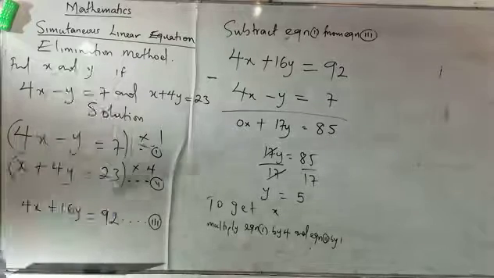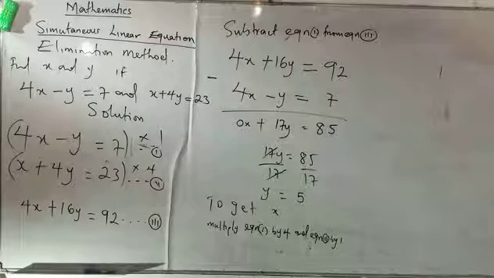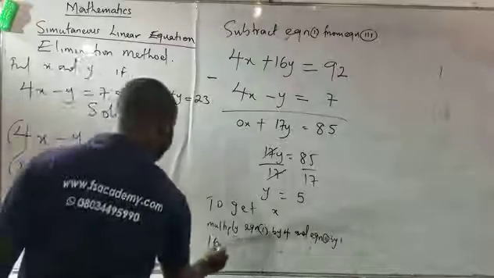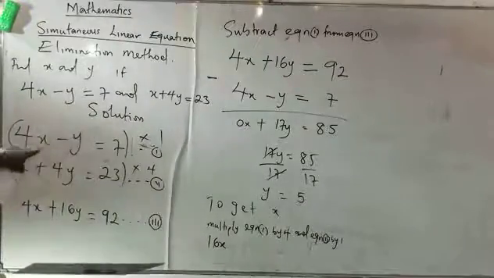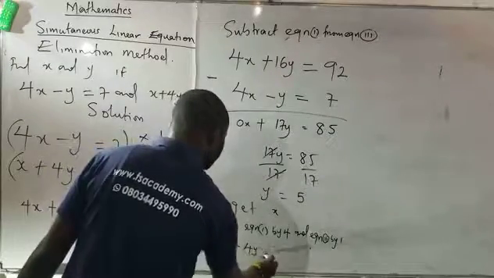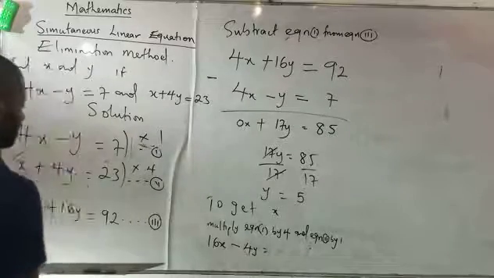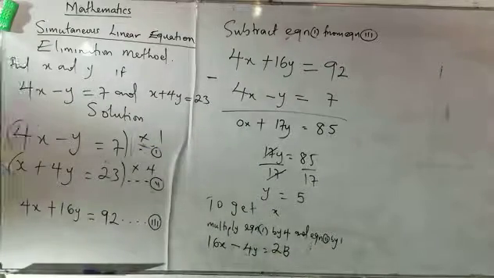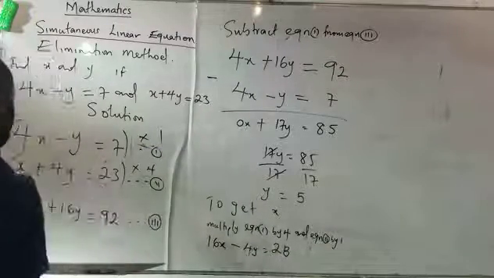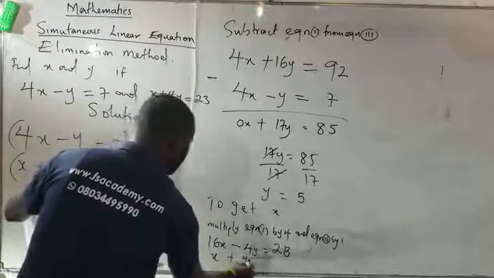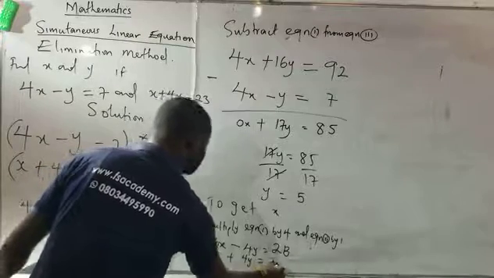Equation 1 multiplied by 4, I'll be having 16x minus 4y equals 4 times 7, which is 28. Then equation 2 by 1 will remain the way it is: x plus 4y equals 23.